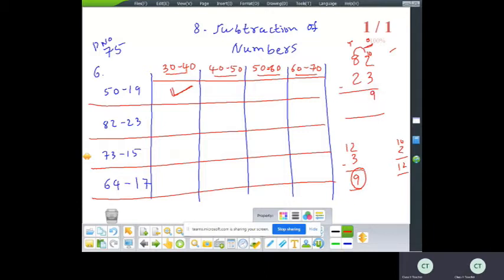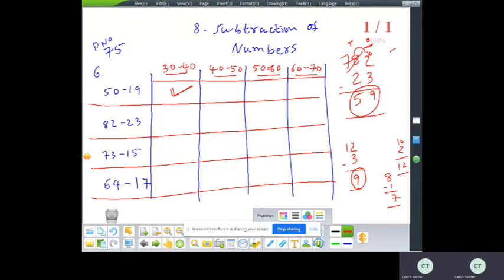From 8 tens, we took 1 ten as borrow. 8 minus 1, 7. Now this is 7. Now subtraction in tens. 7 minus 2, 5. Our total answer is 59.